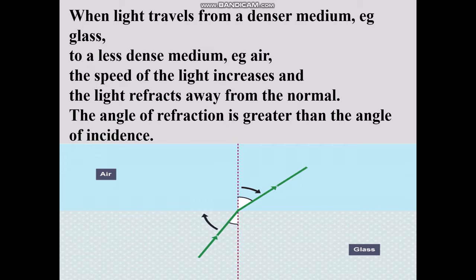So, here you can observe that the light is incident in glass, that is the denser medium, and it is moving into air, which is the rarer medium. This is the angle of incidence. This is the angle of refraction. Since light is bent away from the normal, the angle of refraction r is greater than the angle of incidence.